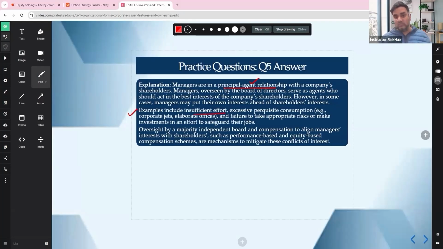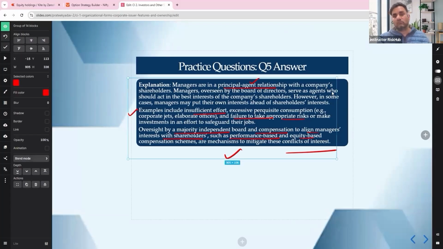Examples include insufficient effort and failure to take appropriate risk. Oversight by a majority independent board and compensation to align your managers' interest with shareholders, performance-based and equity-based compensation schemes, are mechanisms to mitigate this conflict of interest, right? So alignment of behavior, performance-based, equity-based, right? These are mechanisms to mitigate this conflict of interest.